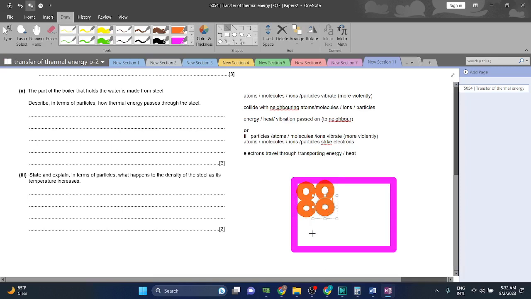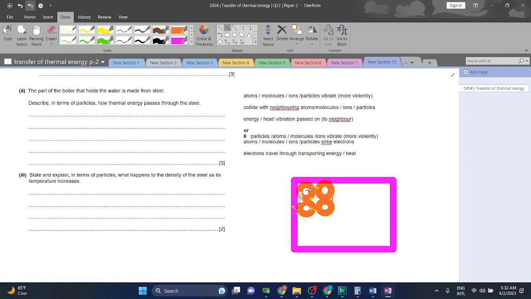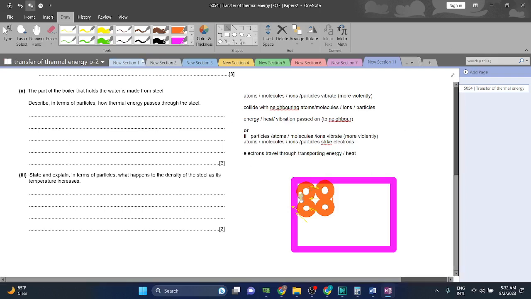So when heat is provided to them, they will increase in kinetic energy. The particles' kinetic energy will increase, and that will make them shake vigorously. है ना? And that will make them hit the surroundings and loosen up the surroundings a bit, having a little bit more space. That will eventually cause the whole thing to expand. ठीक है ना?